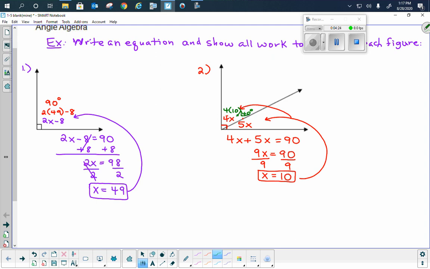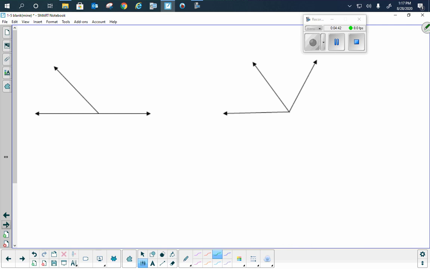So the angle's 40 degrees. If I said 5 times 10, then this angle would be 50 degrees. But the true answer that we're looking for here is just a regular x equals 10.